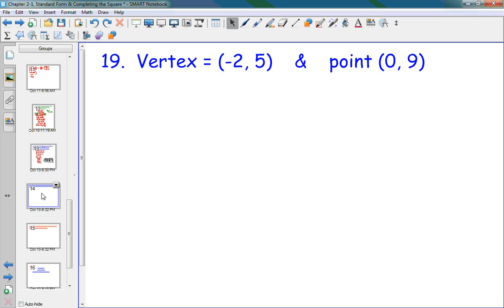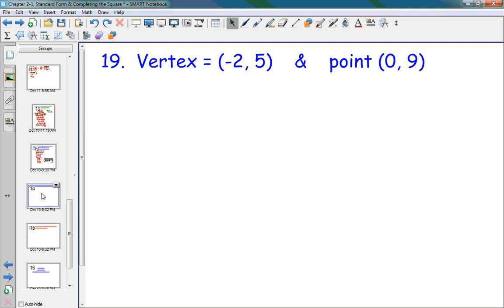Number 19 out of your homework. I believe it's number 19 out of your homework. Is that correct?